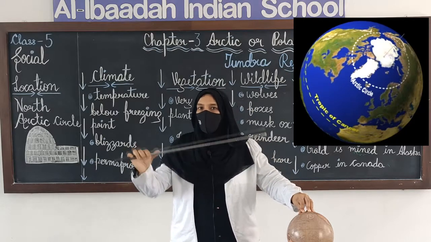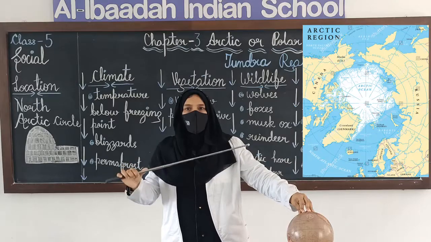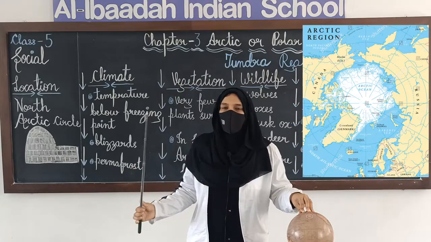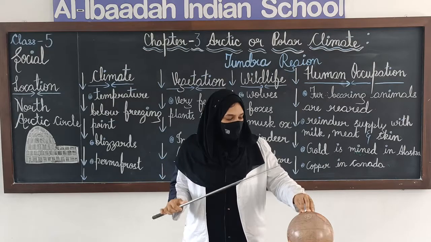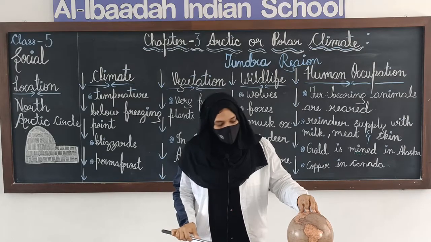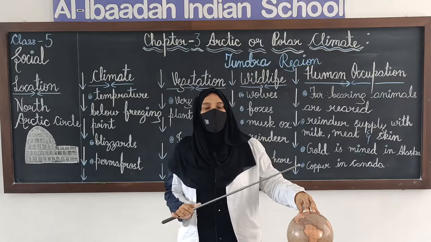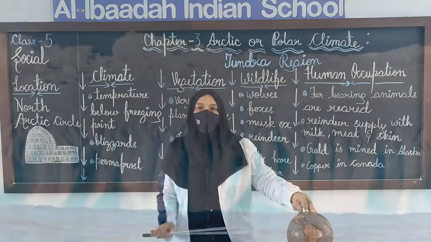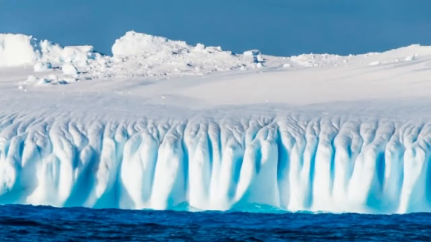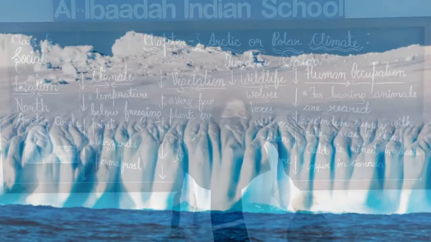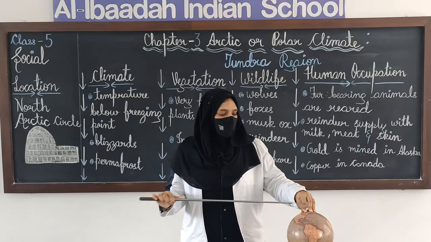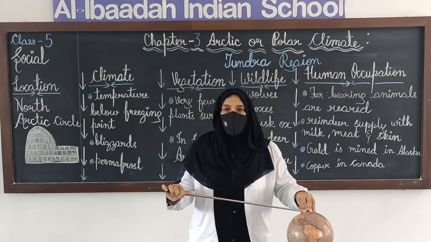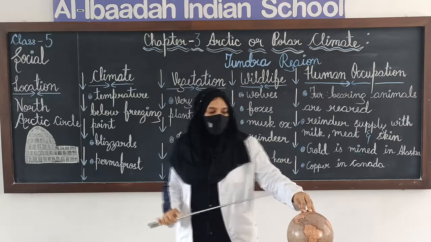All the northern parts of Canada, Greenland, Alaska, northern Scandinavia are attached to the Arctic Circle. In the south we do not have any continents attached and it is only ice bound. Only ice is there in Antarctica. In the Arctic region we have continents attached and we have life there, people stay there.